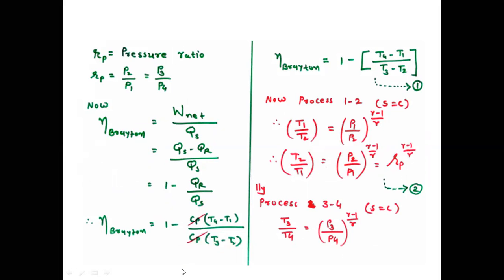So Cp gets cancelled. The equation becomes 1 minus, in bracket, T4 minus T1 divided by T3 minus T2. Say this is equation 1.